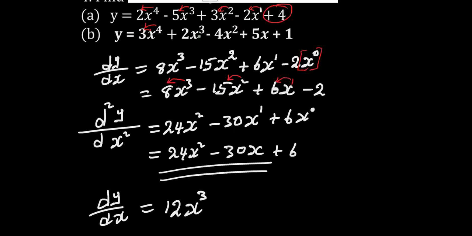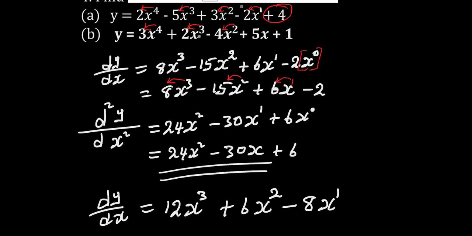And then next we use this 3 to multiply 2, and that will give us 6. So plus 6x, reduce 3 by 1, so that will give you 2. And next we use this 2 to multiply 4, that gives you negative 8. So negative 8x, reduce the exponent by 1, so that gives you 1.